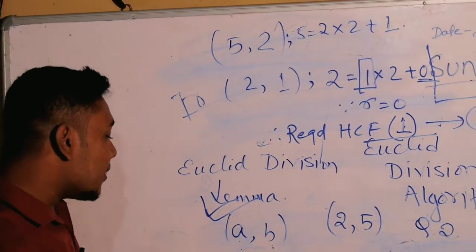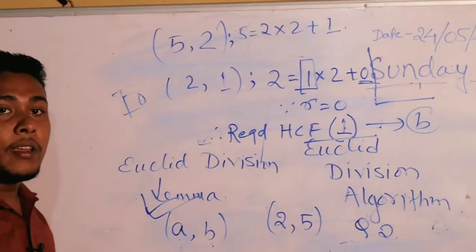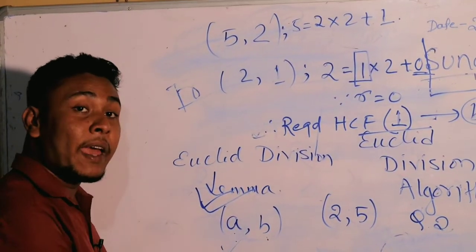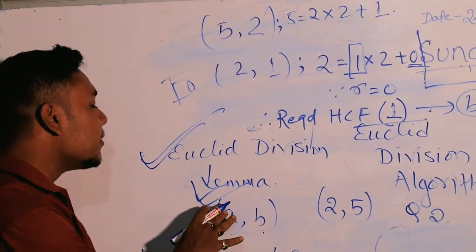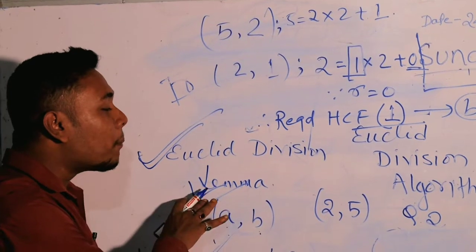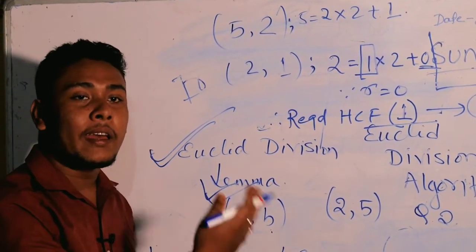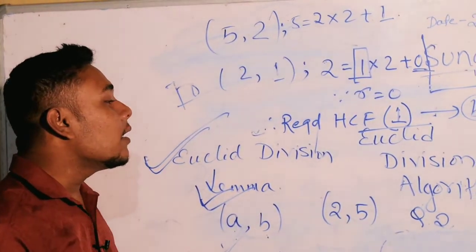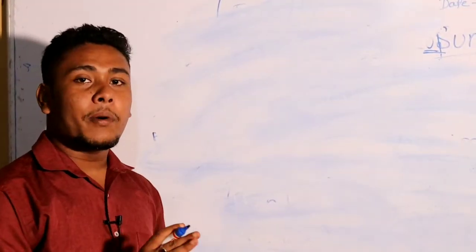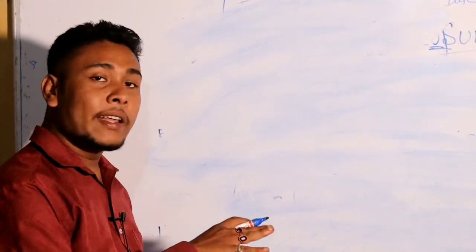So this was the repetition of the step again and again. Lemma means a formula. When we apply this formula again and again till R becomes 0, it becomes an algorithm. We will study the things later on.